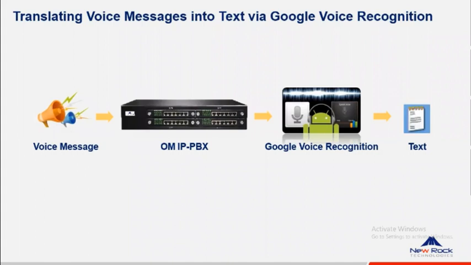So we have this under AI, and we can use that application for our customers in the overseas market as well. In the domestic market, we have numerous scenarios already implemented and deployed using our OM IP-PBX.